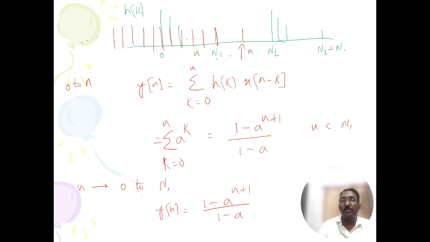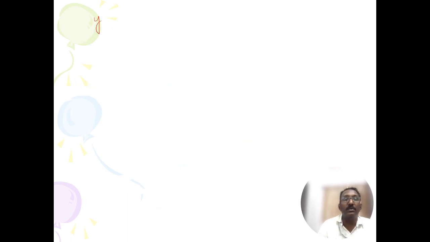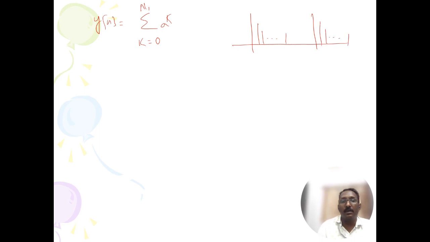So y of n will be equal to summation a power k, and this limit, 0 to n1 only, because if you observe this graph, the overlap portion always starts from 0 to n1.